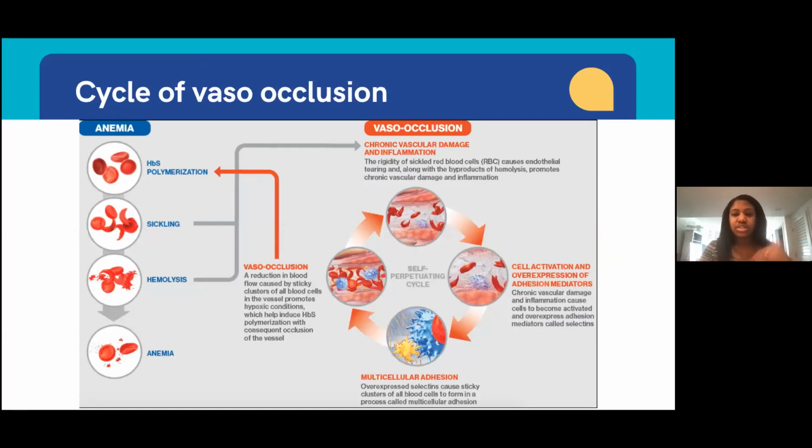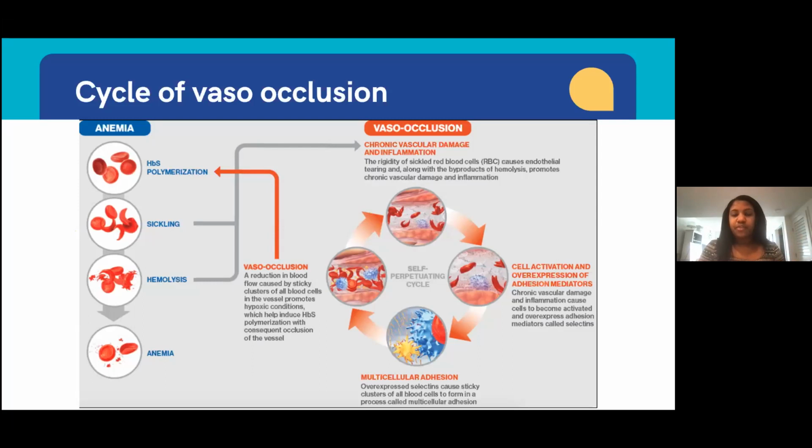And then vasoocclusion itself results in ischemia and can cause damage anywhere in the body, from blockage of blood flow and oxygenation, as well as ischemia reperfusion injury that can inflict further damage as blood flow returns through the blood vessel.